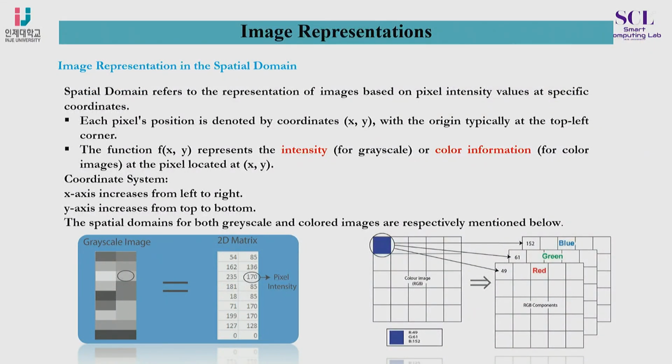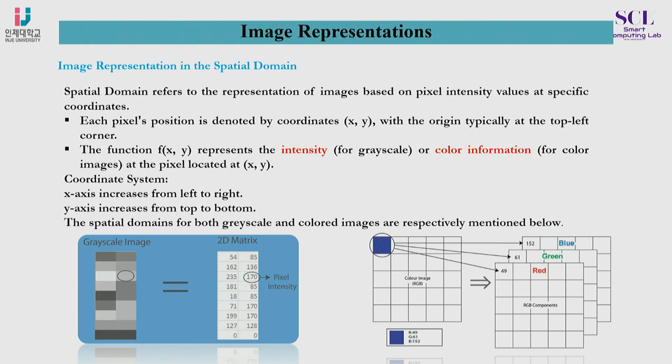Image representation. So how can we represent the image? If we take this example, it starts from here, 0, 0. This is Y and this is X. Your Y shows the number of rows, which is the height of the image, and the number of columns shows the width of your image.